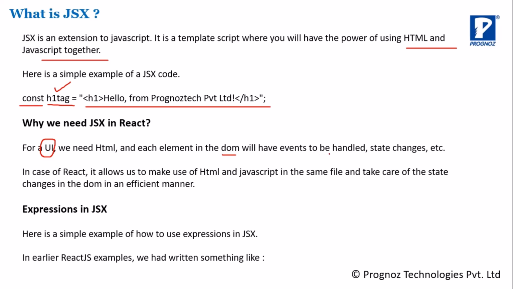And we have events to be handled. Each and every element has a particular event as well as state changes. So React allows HTML and JavaScript to be present in the same file and takes care of the state changes in the DOM in an efficient manner, so that it changes properly.